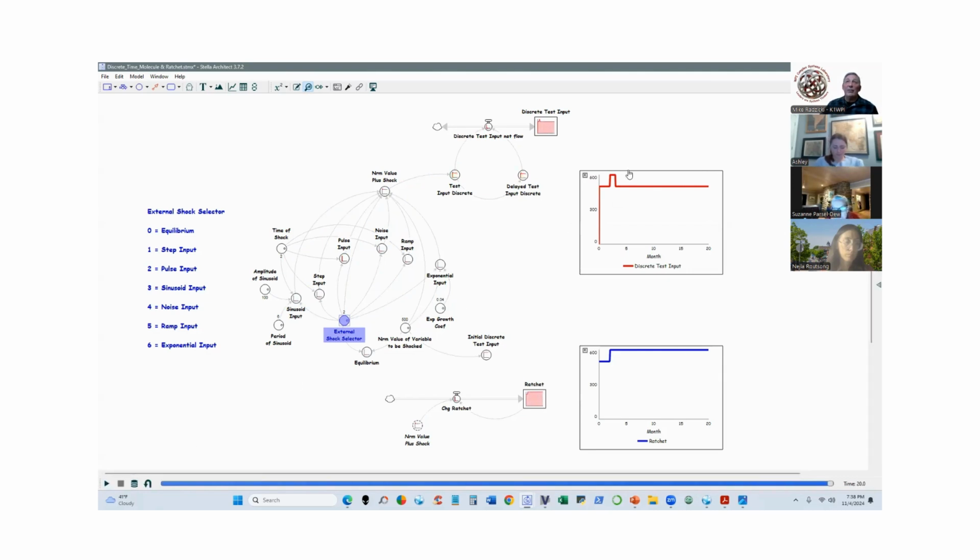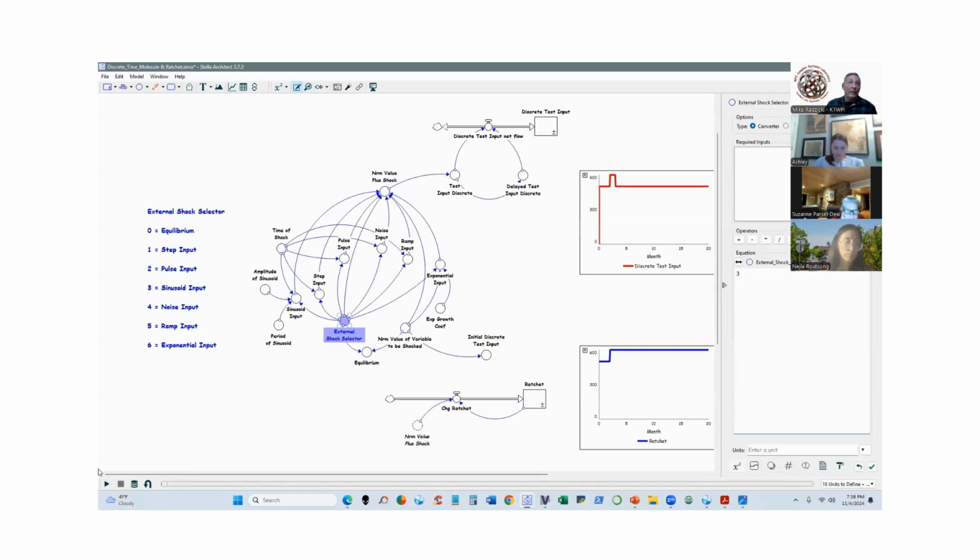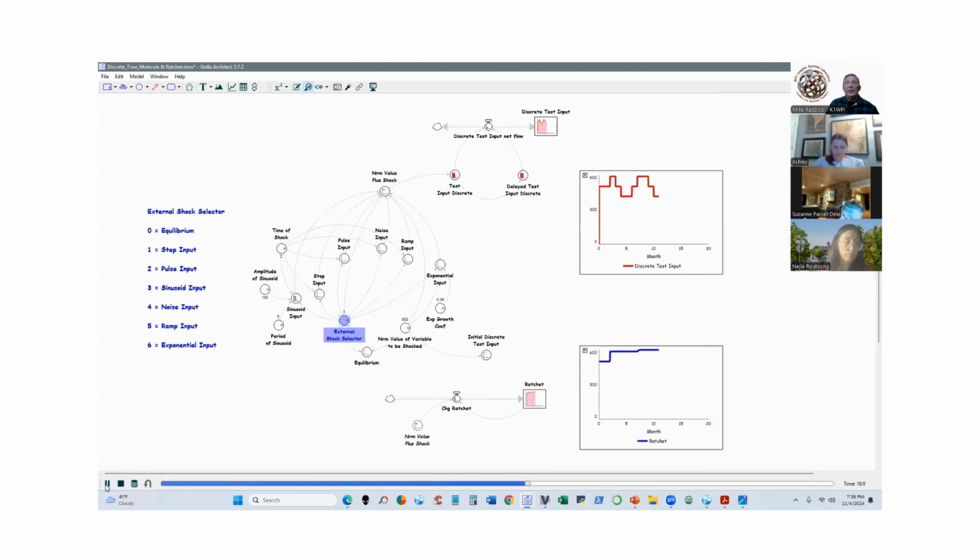So you can see instead of a triangular peak, now it's got that distinctive flat roof. Three is a sinusoid. That's right. So now you can see more clearly the discrete stuff happening.